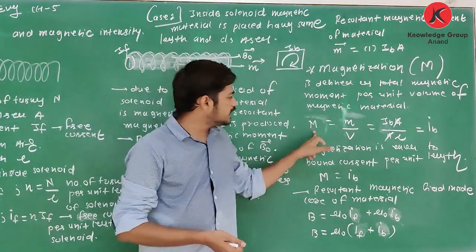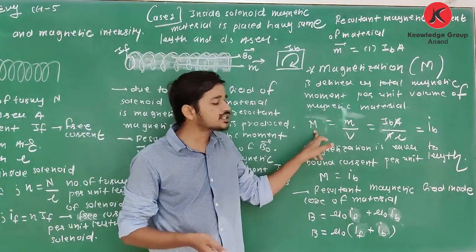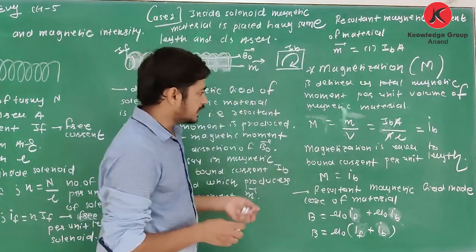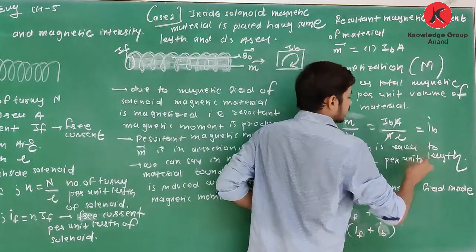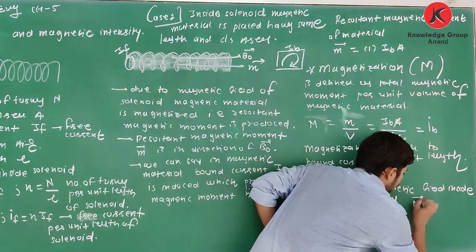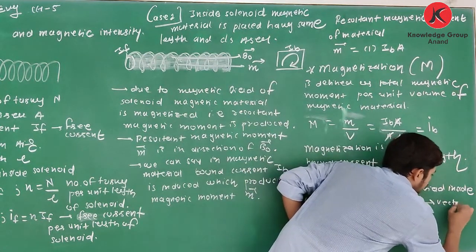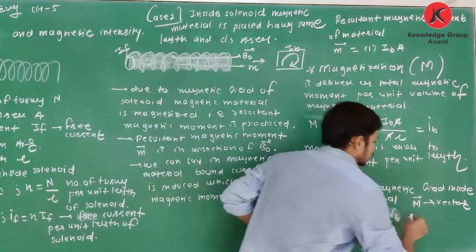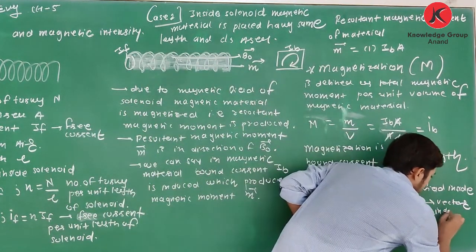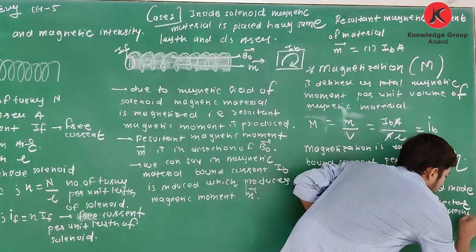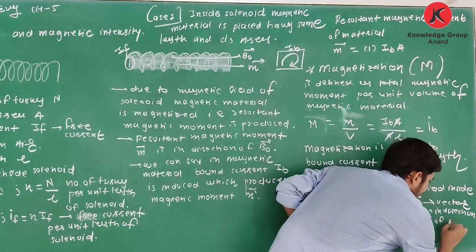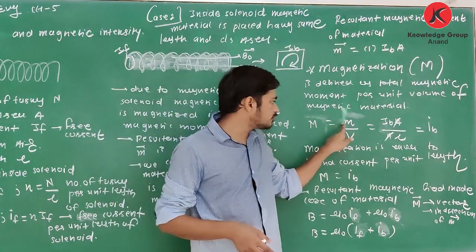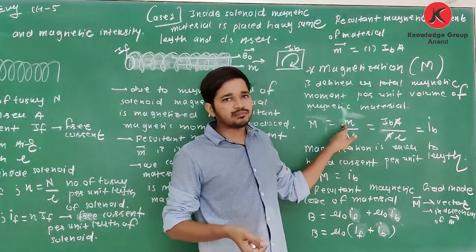Magnetic moment is a vector quantity. Here M is a vector quantity, and its direction is the direction of the net magnetic moment. What is its unit? The unit of magnetic moment is ampere meter square.